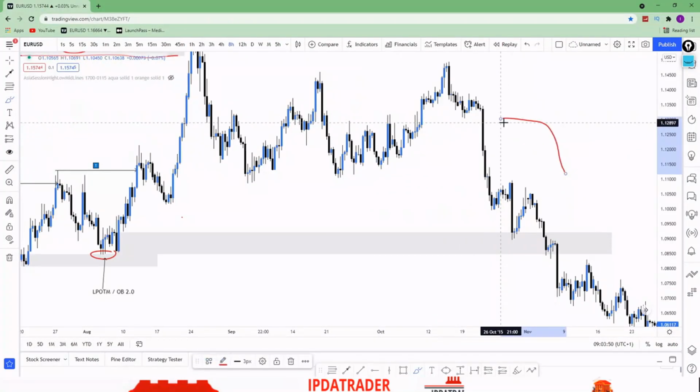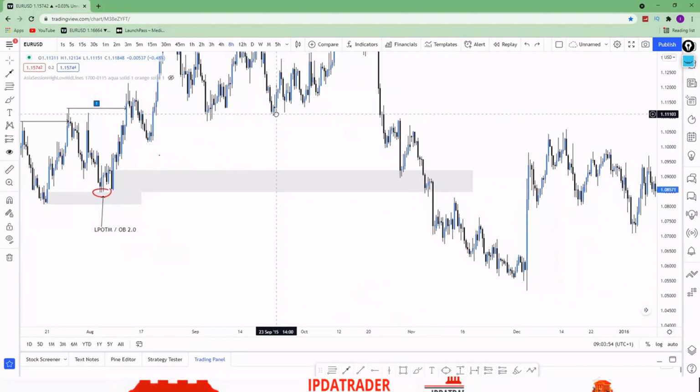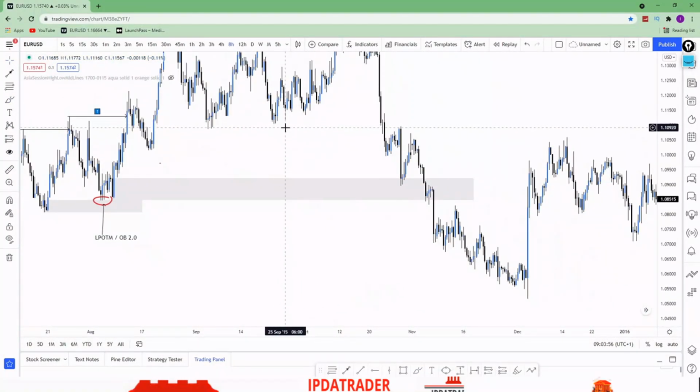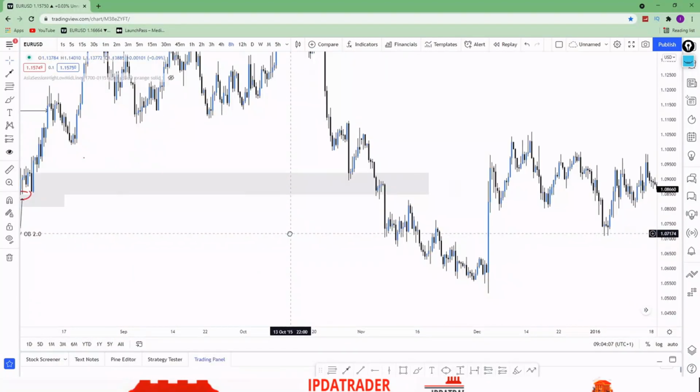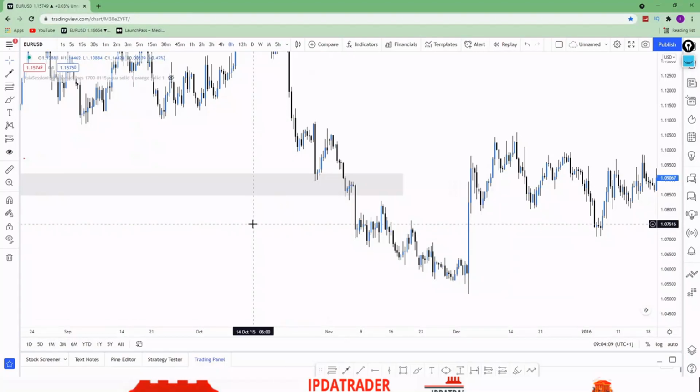So we continue following price, guys, and we're just going to be doing that exercise, really. We're going to be following price so that your brain starts getting used to the idea of looking for order blocks 2.0, or last points of true mitigation, as those are going to be very powerful.